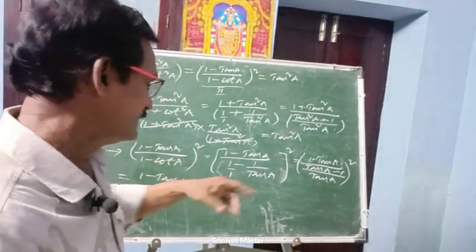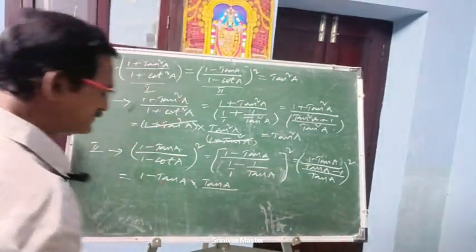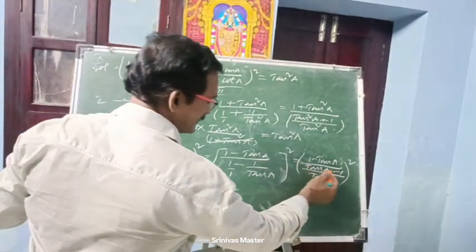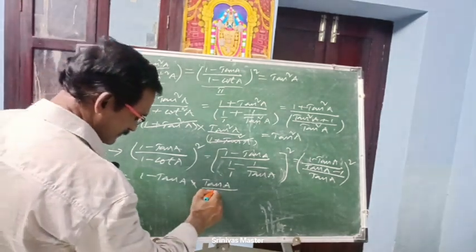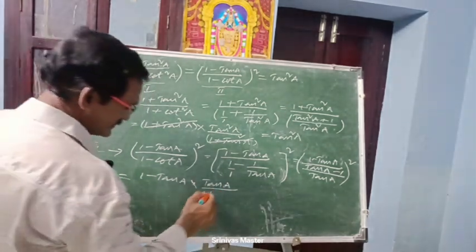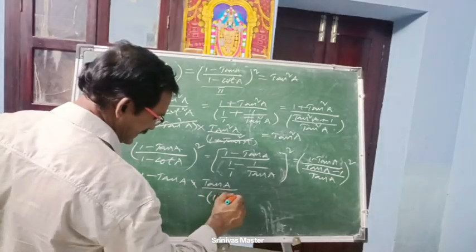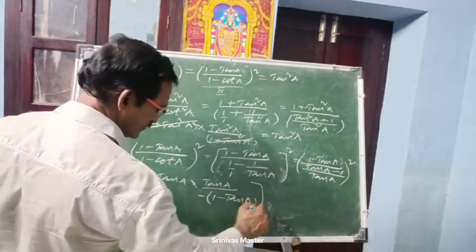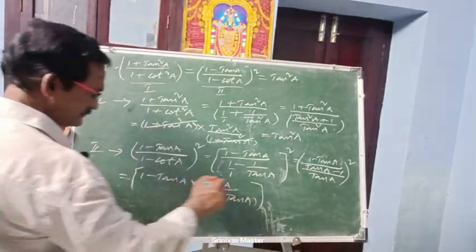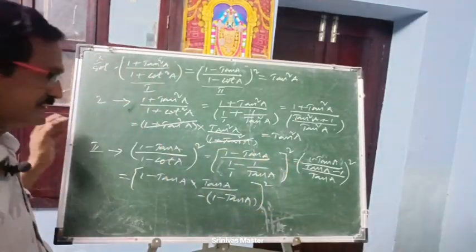Okay children, tan A minus 1, if we take minus as a common factor, how to write now? Minus of 1 minus tan A, whole square. Be careful, children.